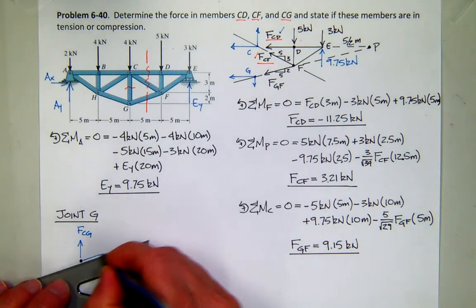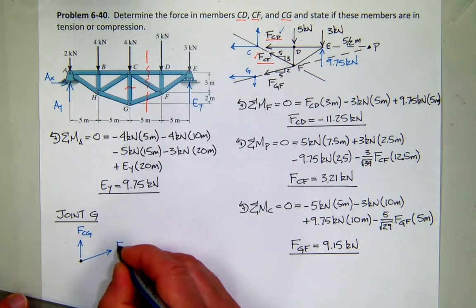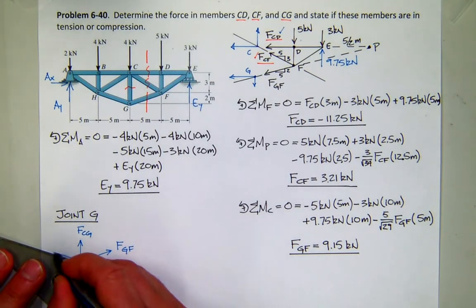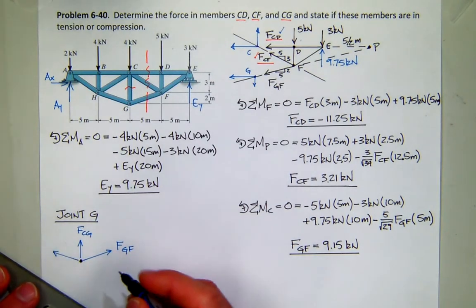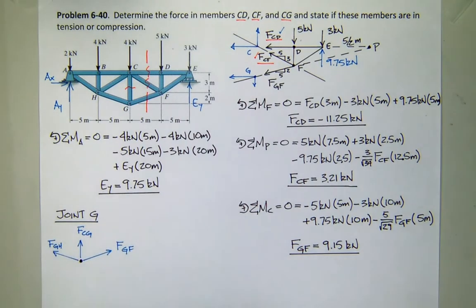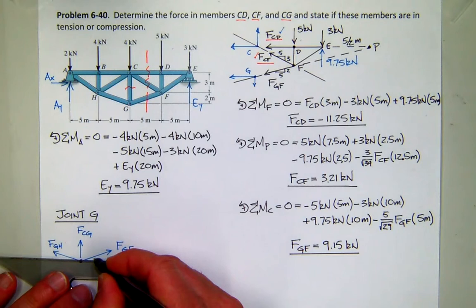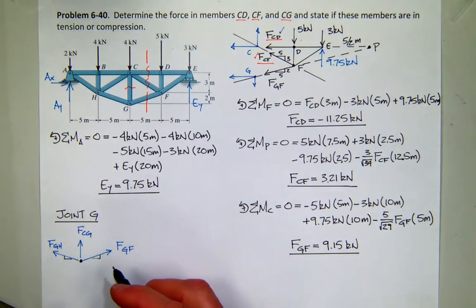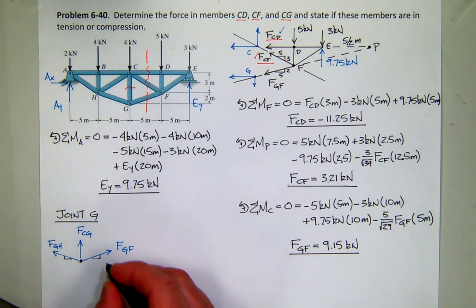Then I've got this force GF, which I know, and I've got this force GH. And these have the same slope. Let's see, it's 2 to 5.